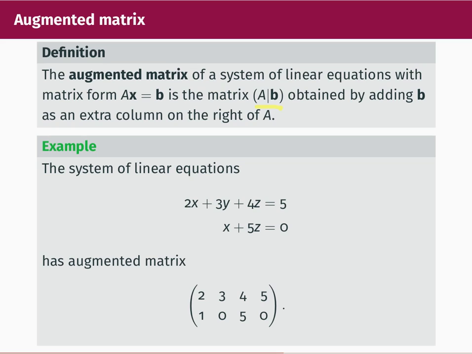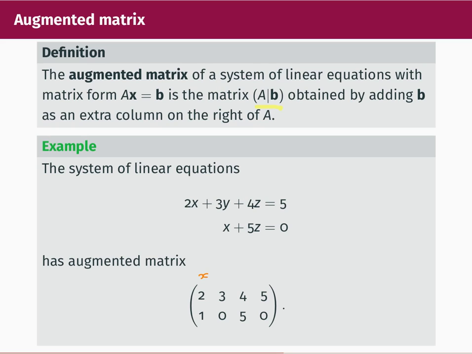So to continue with the example we've already been looking at, the system of linear equations 2x plus 3y plus 4z is 5 and x plus 5z equals 0 would have the augmented matrix that's formed by taking the matrix form of that equation and then concatenating A and b, putting b to the right of A. In this augmented matrix, it's worth noticing that all of the columns except the last one correspond to a variable.